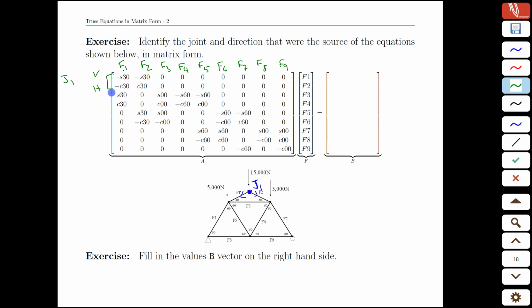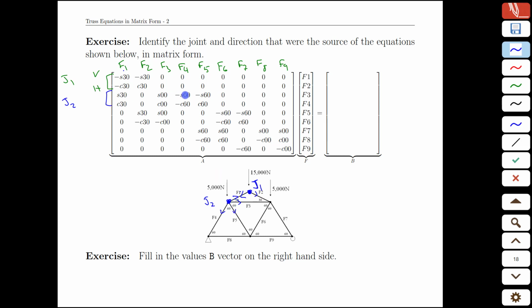We can continue that analysis going down. The next two rows belong to this joint here. We'll call that joint 2. If we look at all the forces involved, we'd have force 1, force 3, force 4, and force 5. Those are the beams that are touching there. And you'll see coefficients in 1, 3, 4, and 5 columns here, indicating those are the coefficients that we're looking for.